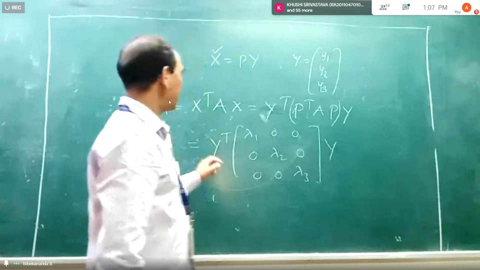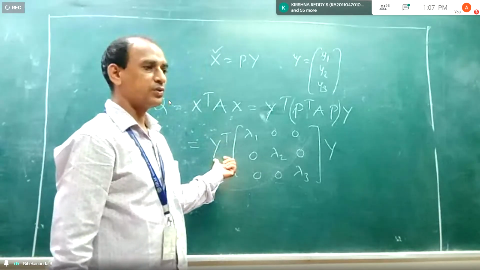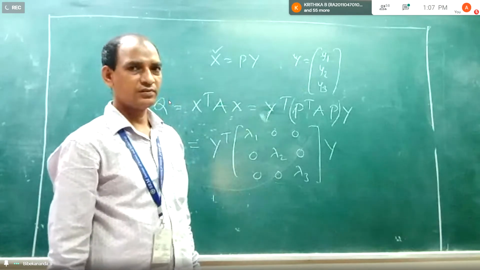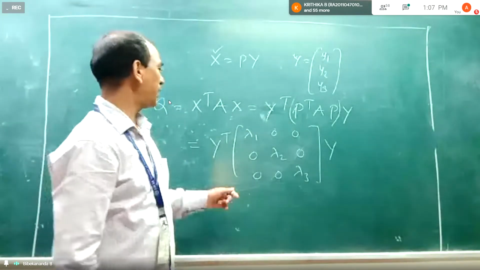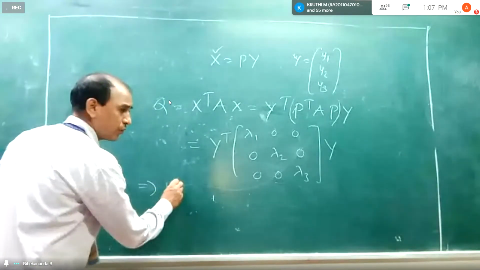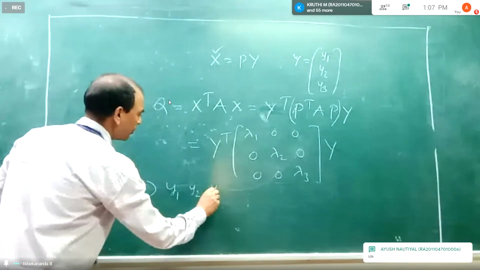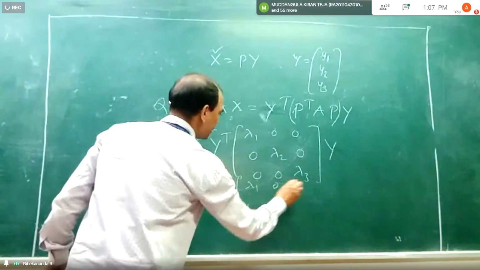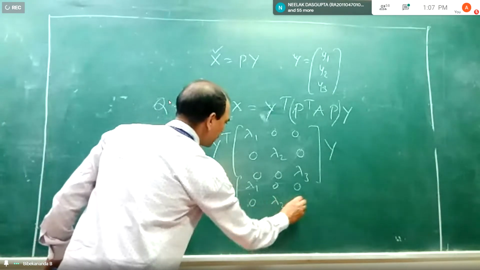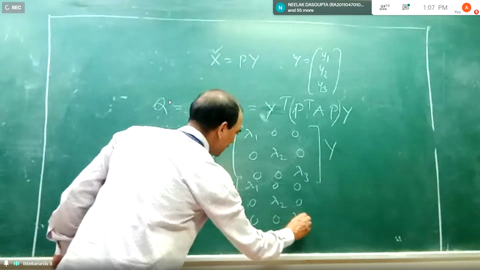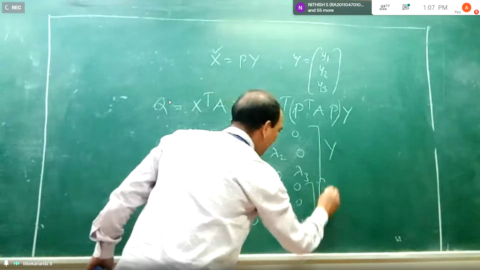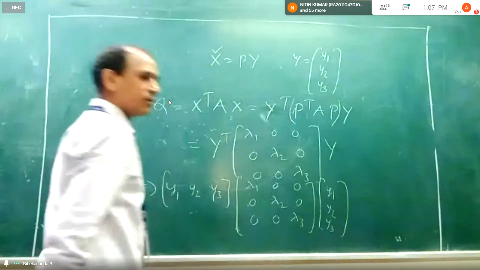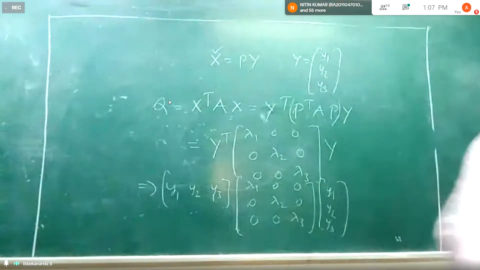Now tell me, if y is a column matrix, what will y transpose be? A row matrix. So we can have the row matrix y1, y2, y3 into the diagonal matrix lambda 1, 0, 0, 0, lambda 2, 0, 0, 0, lambda 3 into the column matrix y1, y2, y3.